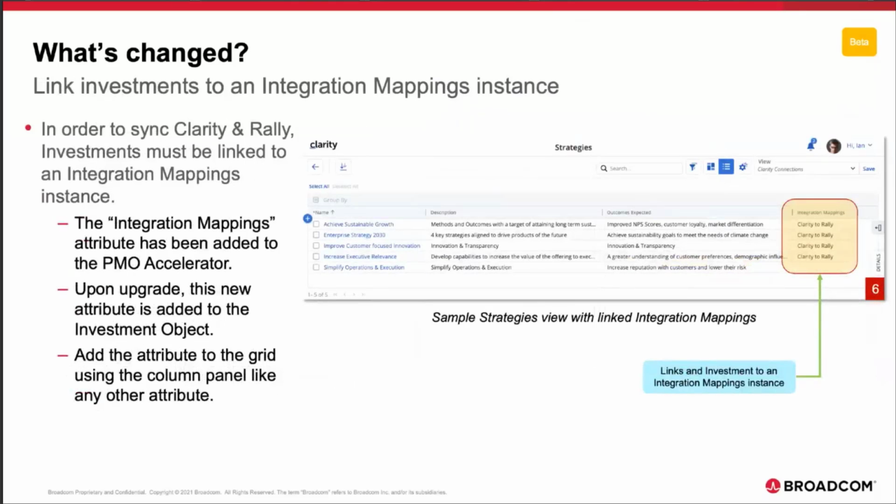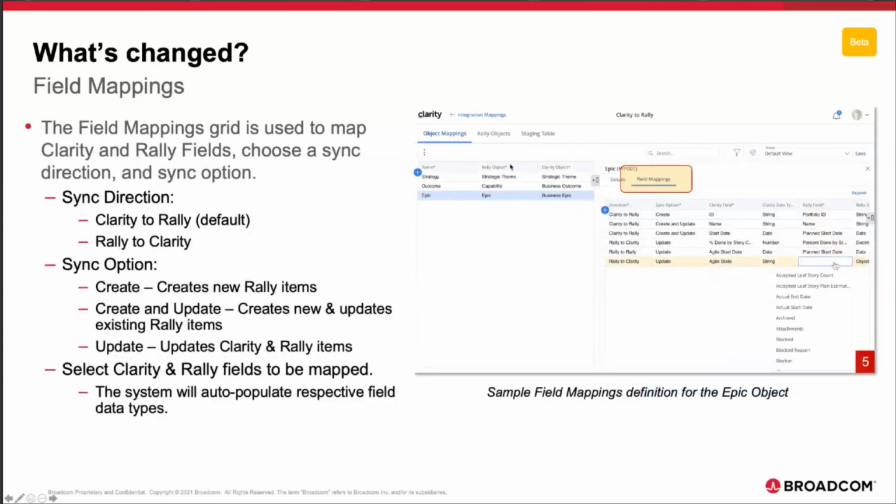Okay, so before we've done the mapping, we've figured out what fields are going to be syncing, what objects are we syncing, what fields are we syncing, what direction are we syncing. I think I should go back and talk about the sync options that are here. We talked about that earlier. There's the create.